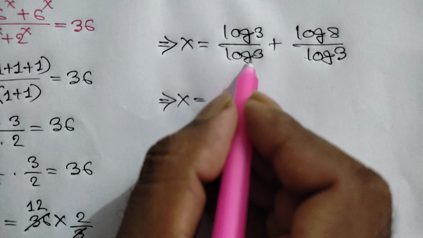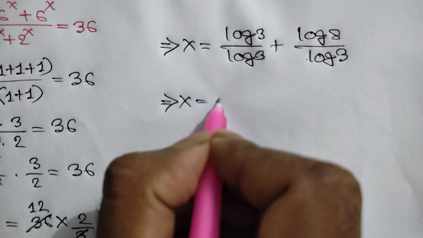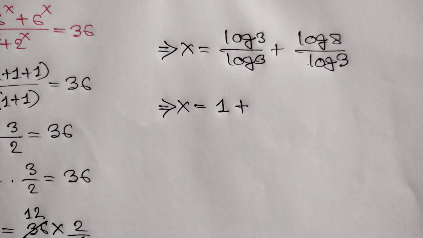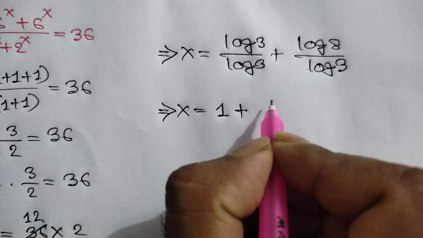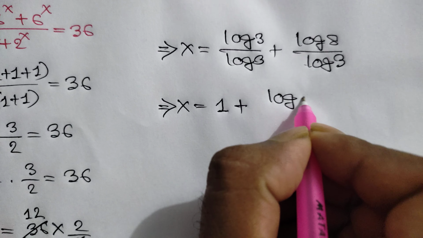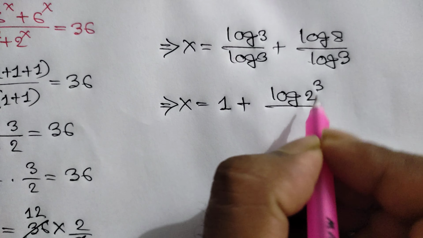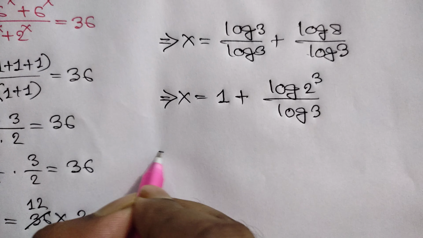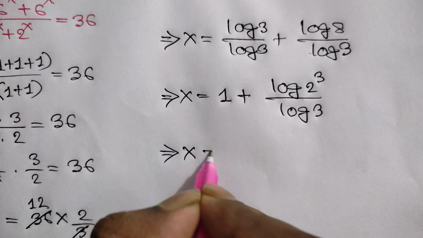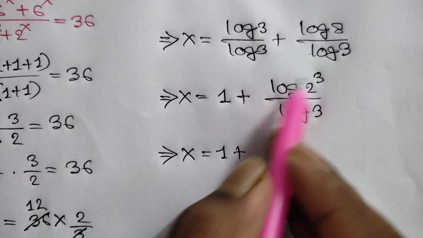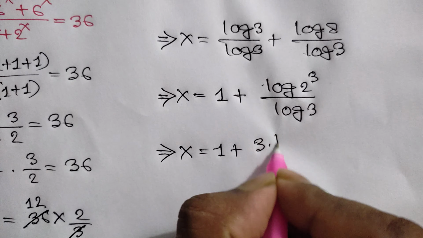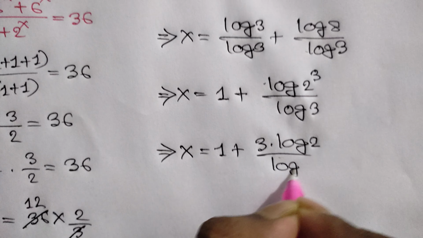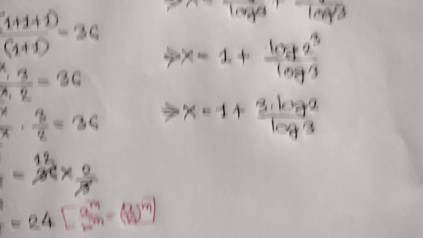Or x is equal to, this log of 3 cancels out this log of 3, so here we will get 1 plus log of 8 can be written as log of 2 cube over log of 3. Or x is equal to 1 plus this 3 moves here, so we will get 3 times log of 2 over log of 3.